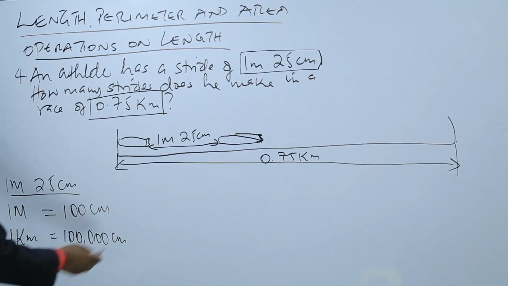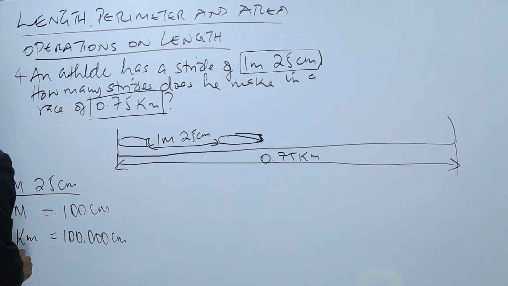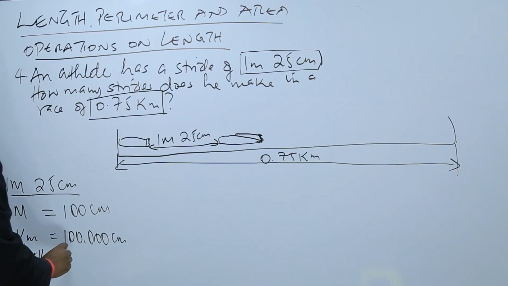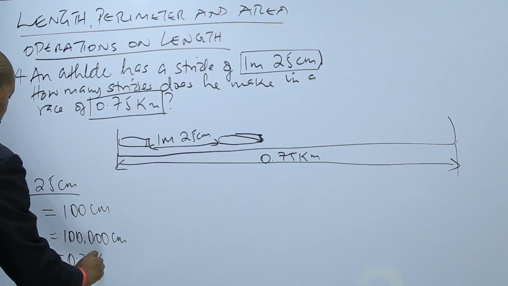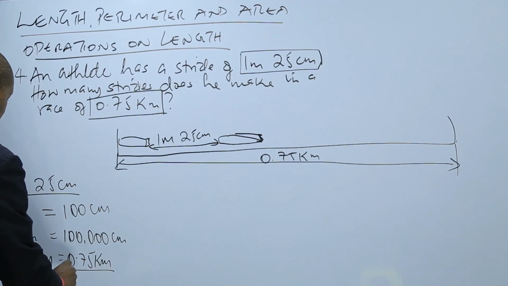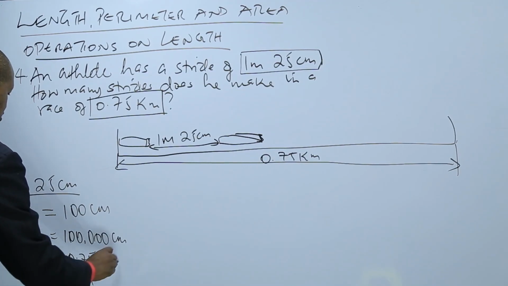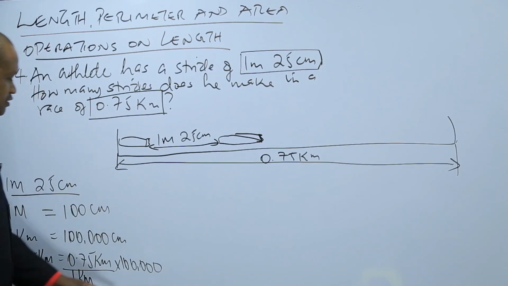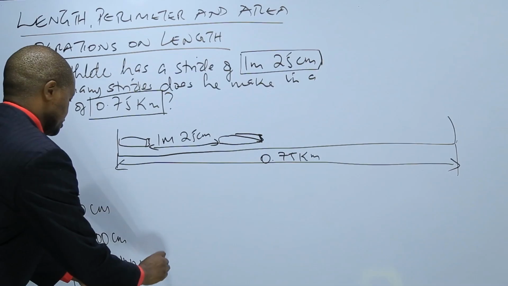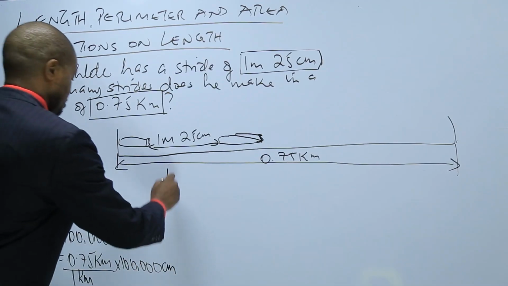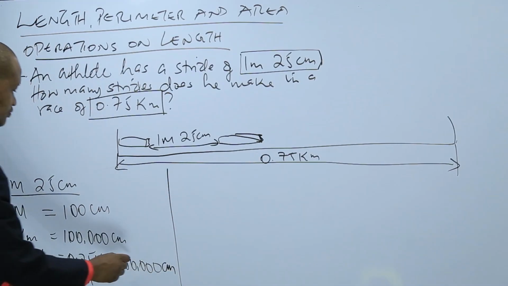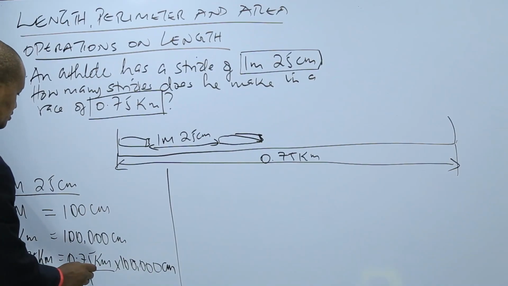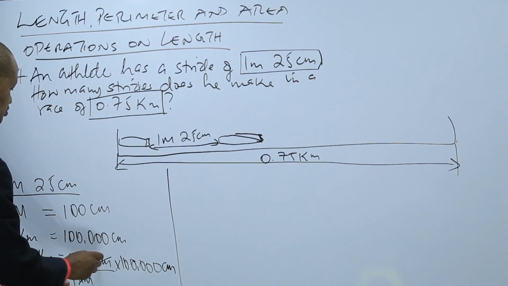Therefore, 0.75 kilometers will be equal to 0.75 kilometers divided by 1 kilometer times 100,000 centimeters. So this kilometer will cancel out with this kilometer.